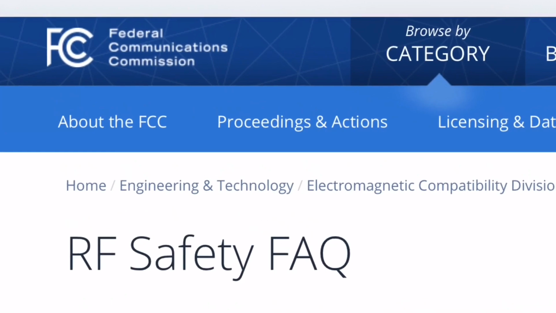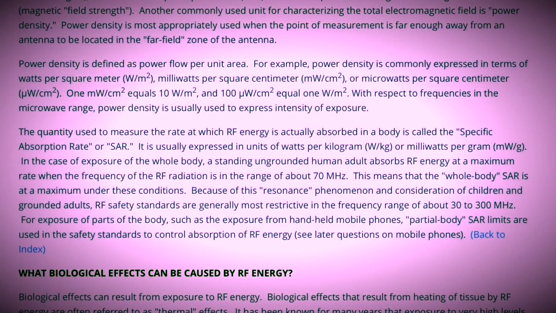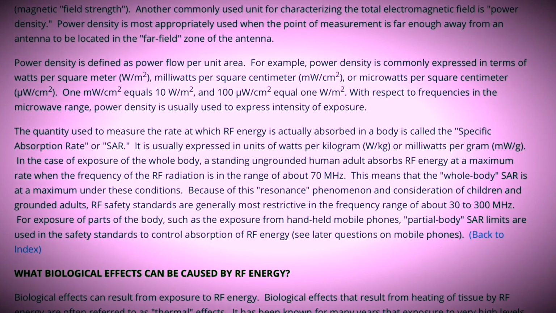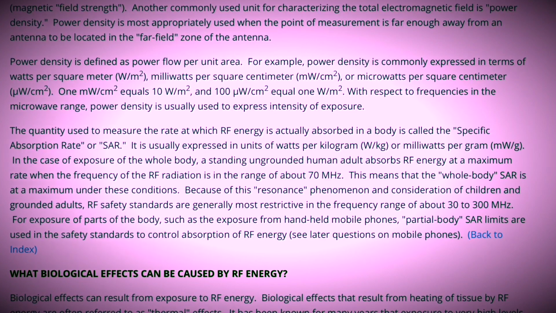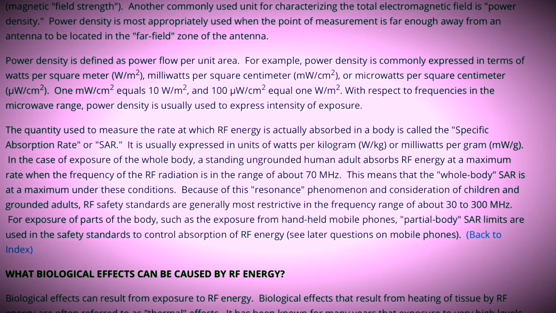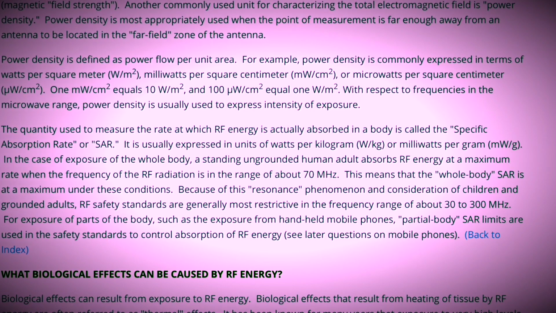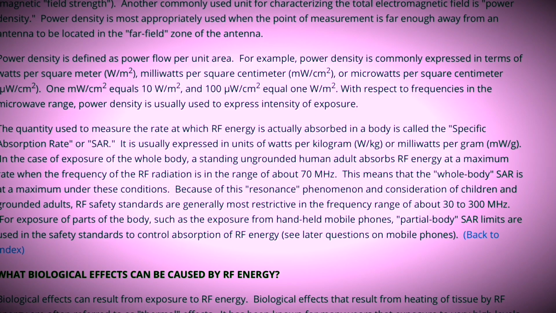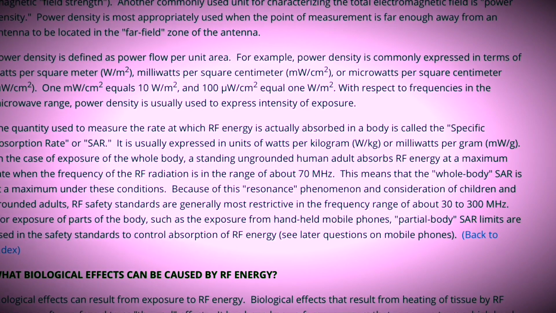To begin with, I want to define how one would measure extremely low frequencies or fields using power meters. Power meters are enumerated in power density readings. And power density is defined as power flow per unit area. For example, power density is commonly expressed in terms of watts per meter square, milliwatts per square meter or per square centimeter, and microwatts per square centimeter.